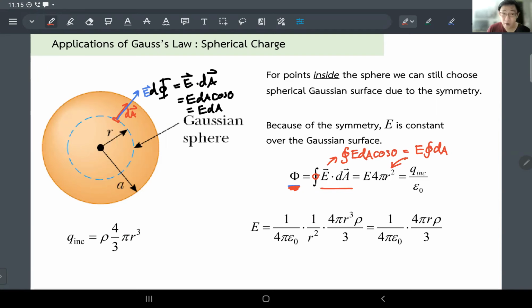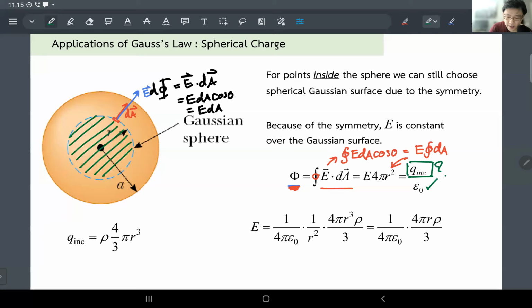However, you want this to be equal to the charge enclosed inside this sphere divided by epsilon naught, right? My question is, how much are you supposed to put in here? This is the clear usage of Gauss's law. You only need the charge that is inside your Gaussian surface, right? And that is this much.